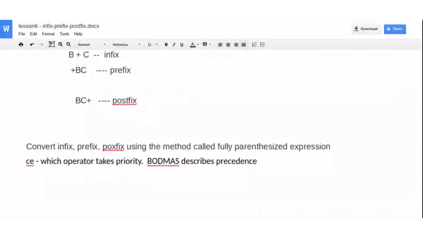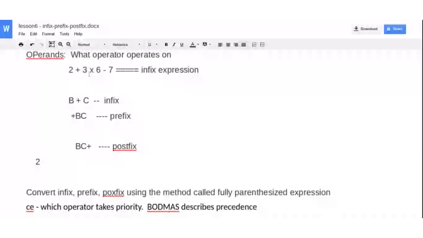So let's observe this expression again: 2 plus 3 times 7 minus, 2 plus 3 times 6 minus 7. So that's one way of writing it.